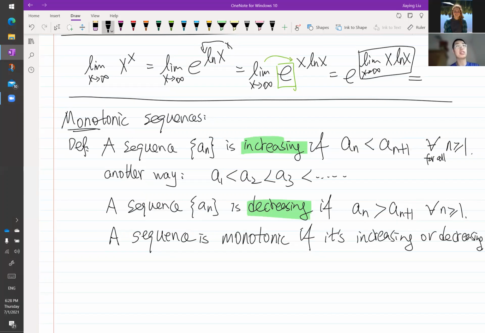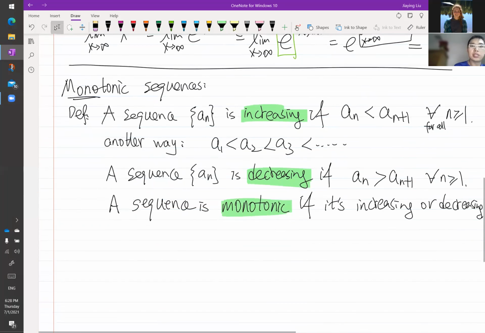If you have a sequence that's decreasing, that's also monotonic. Monotonic just means an increasing or decreasing sequence. Sometimes we say it's monotonic increasing, sometimes monotonic decreasing, but it's the same. So those are the definitions.